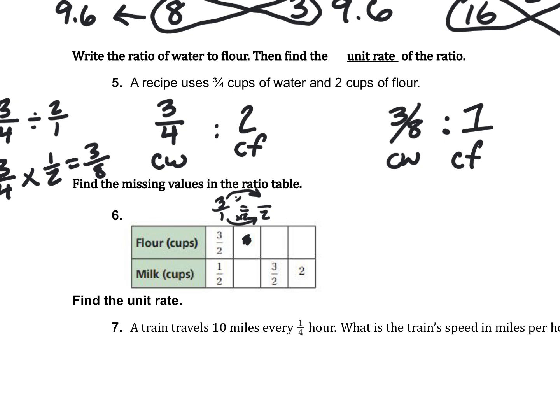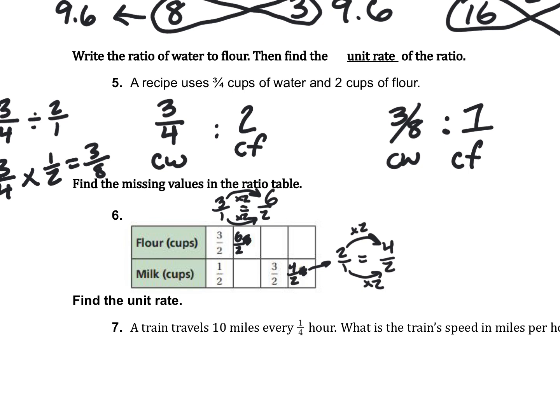So in order to keep this equal, I do the same to the top and end up with 6. So this is actually 6 over 2. We're going to do the same with the bottom and change this 2 over 1 to have a 2 on the bottom. Both of these just need to be multiplied by 2. So this 2 is going to change into 4/2.